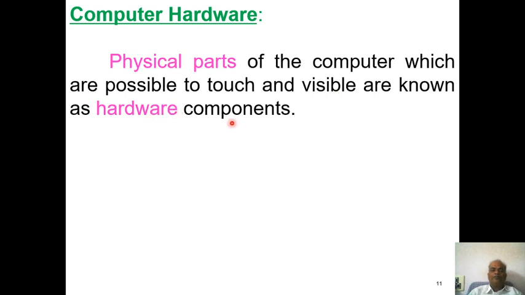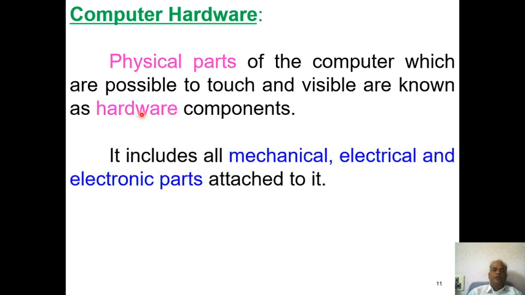So it includes all mechanical, electrical and electronic parts attached to a computer system. Computer hardware is nothing but the physical parts of a computer which are possible to touch.